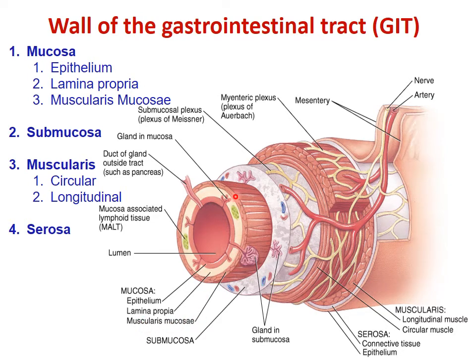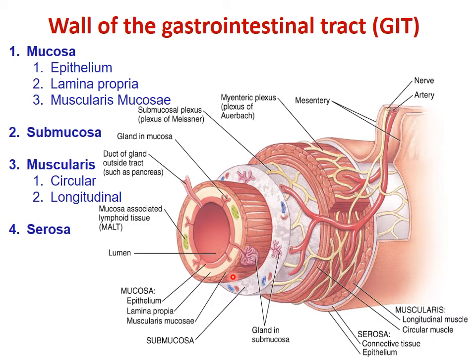Muscularis mucosa is the outermost muscle. This is the third part of the mucosa. You can see this muscle, the same muscle as here, but those are thick, broad muscular bands, and these are small, very thin stripes of muscle. Which type of muscle?